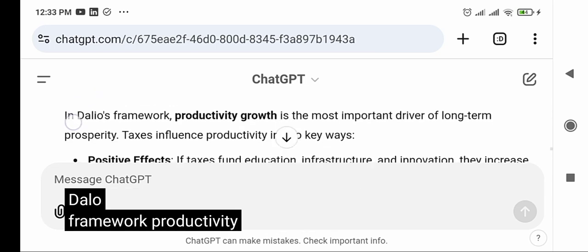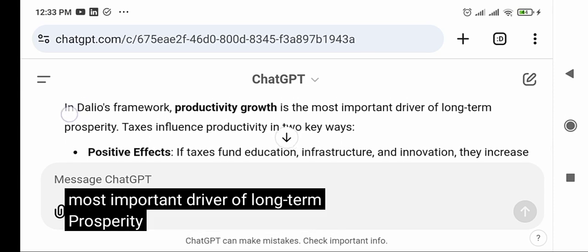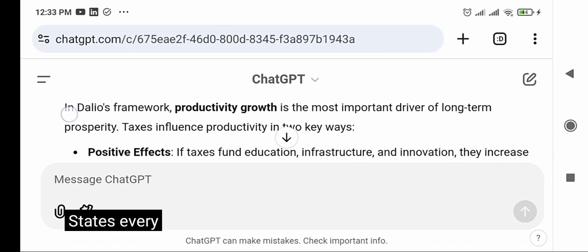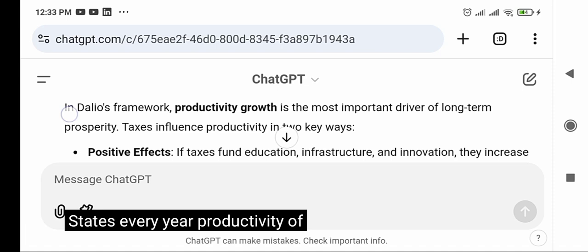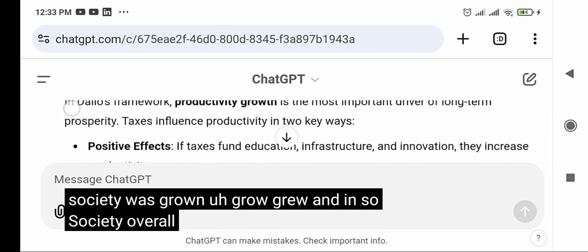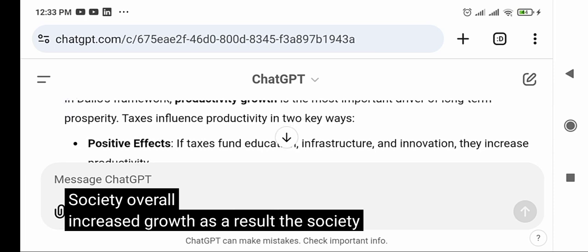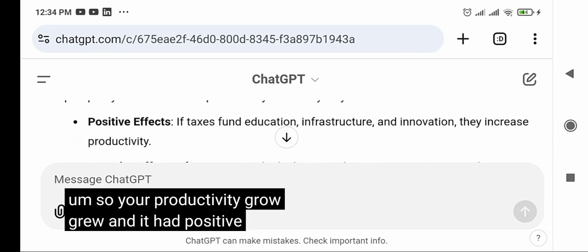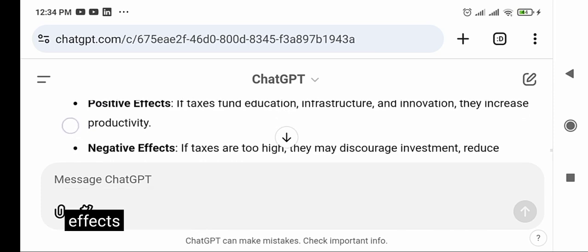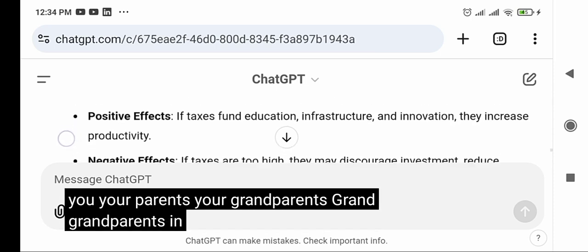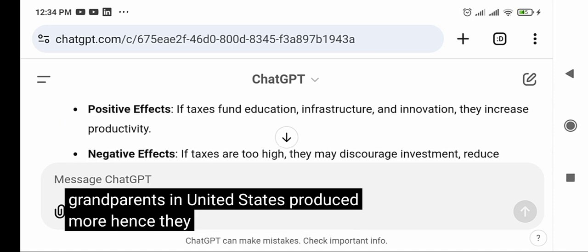In Dalio's framework, productivity growth is the most important driver of long-term prosperity. It means that over the history of the United States, every year the productivity of society grew, and so society overall increased growth. As a result, society produced more, people worked more and produced more, and it had positive effects, because your grandparents and great-grandparents in the United States produced more, hence they could pay more taxes.